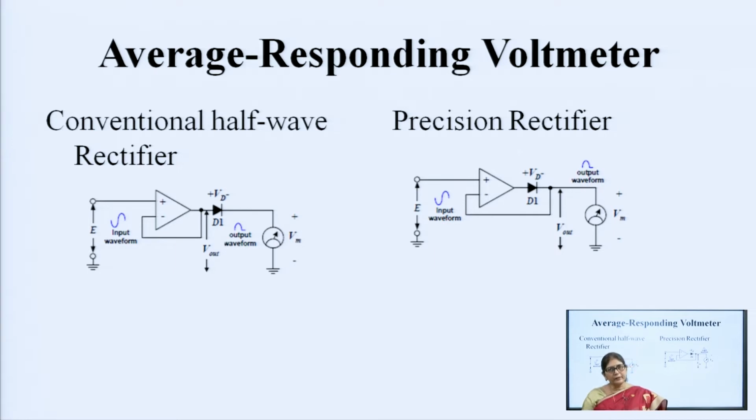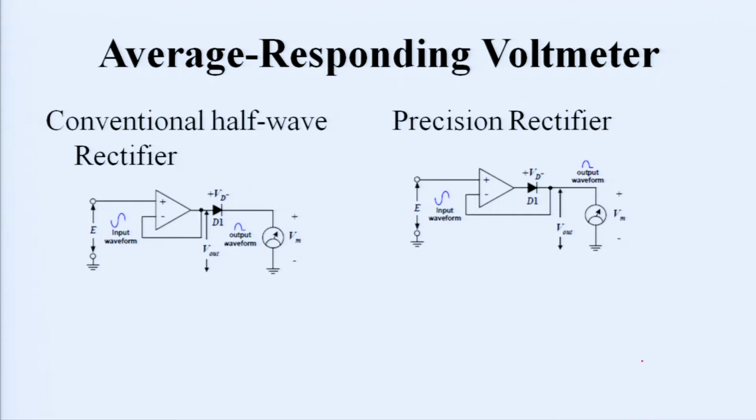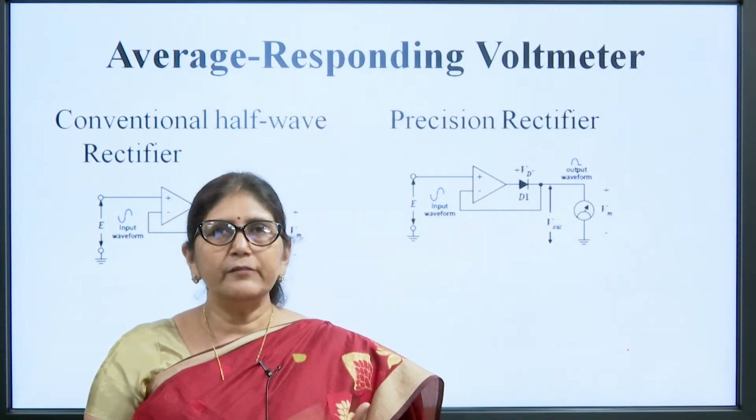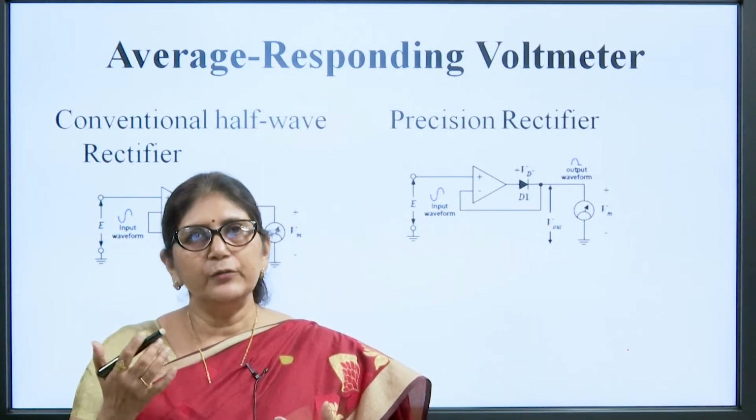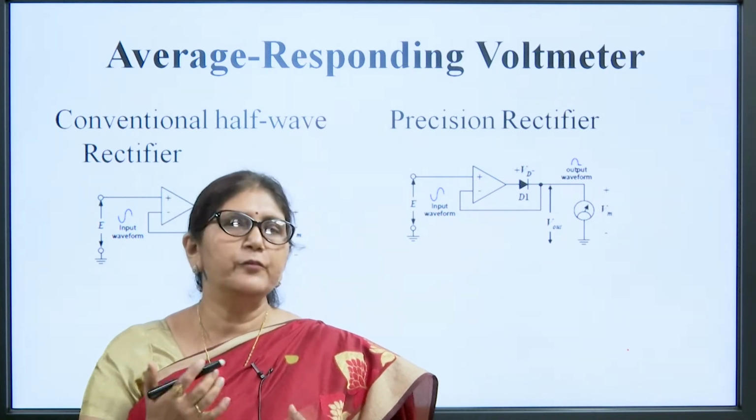There is I square R loss, and that will create a heat effect, and because of this heat effect the diode behavior will also change. So, it will again affect the performance of the meter. So, in place of resistance we are using electronic devices. There are many electronic devices, like we can use a transistor, FET, or MOSFET.